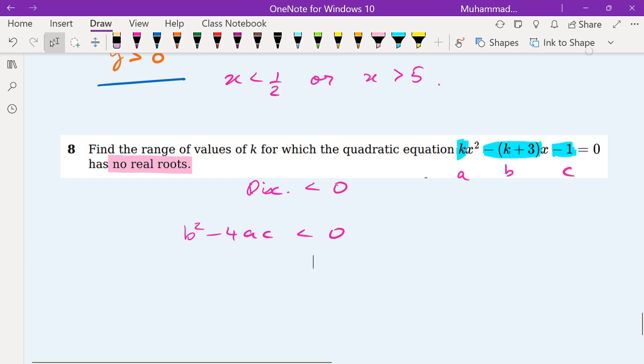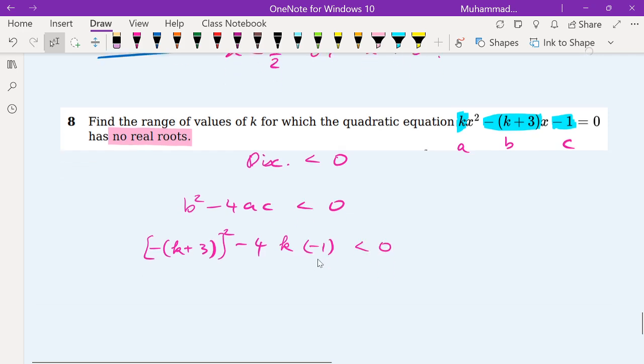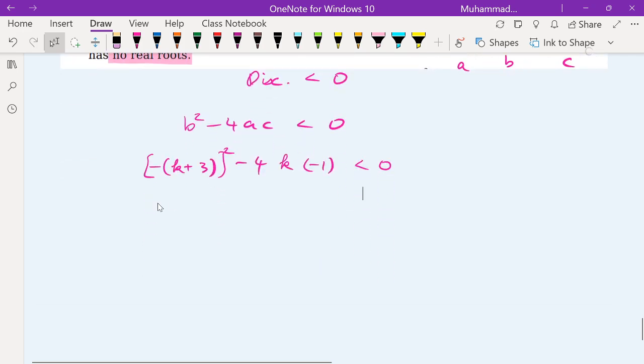So it would be negative (k plus 3) whole squared, but this negative is not going to cause any problem. When squared, it's going to go away. So minus 1 as well. Make sure you expand them properly, because this is a very problematic thing.